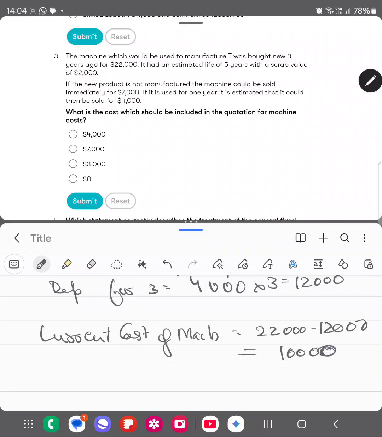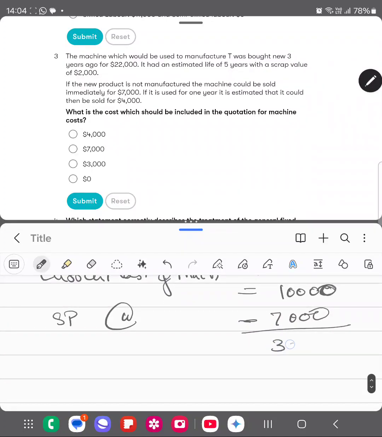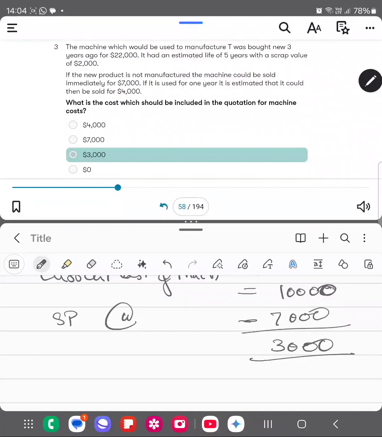So the available value of the machinery is 10,000. And what is the selling price? The selling price of this machinery could be sold currently at 7,000. So whatever the difference is, 3,000, this will be our relevant cost. Yes.